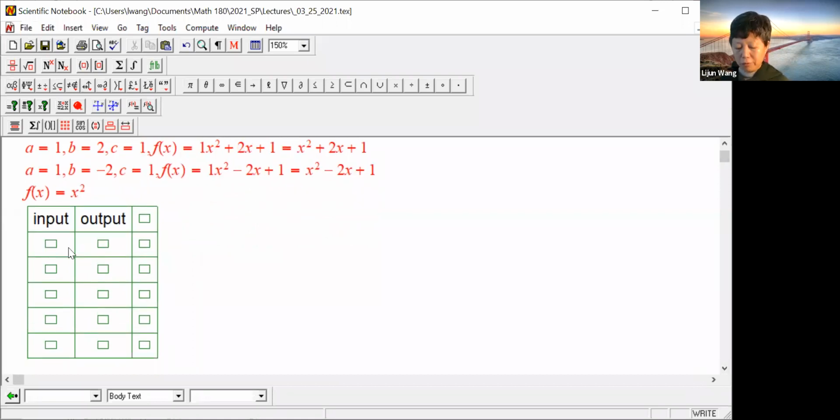The input I'm going to give you, we've done this before, right? So what are the outputs?